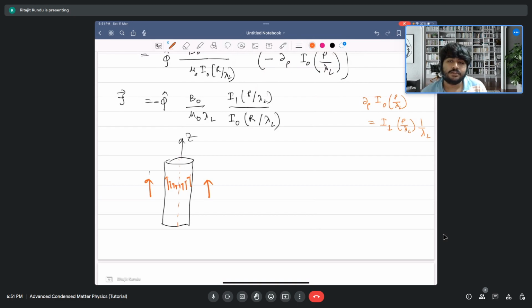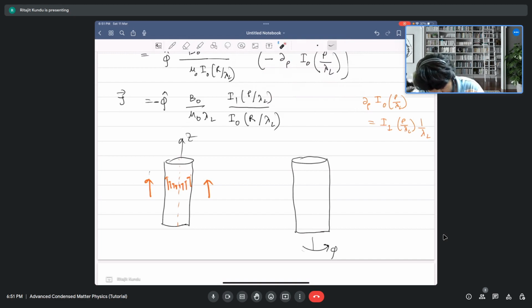This is how the magnetic field is. For the current, let's say this is my cylinder and this is my phi direction. In my solution I see that the current will flow in the minus phi direction.